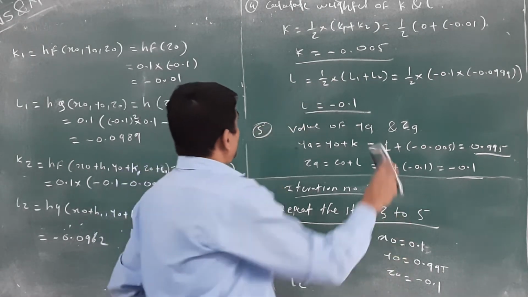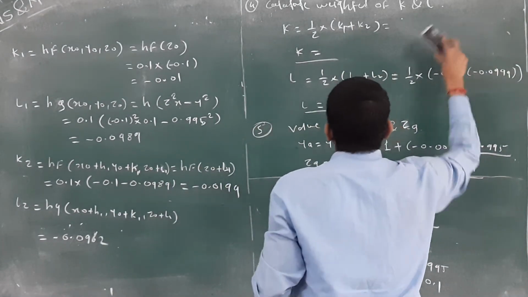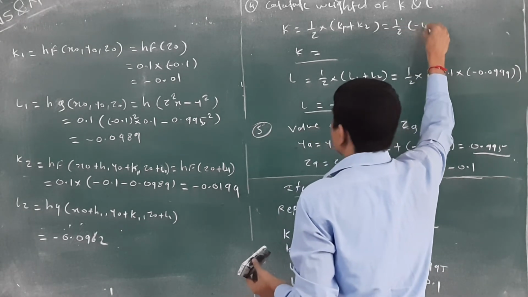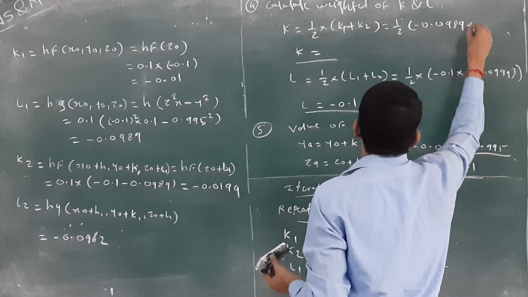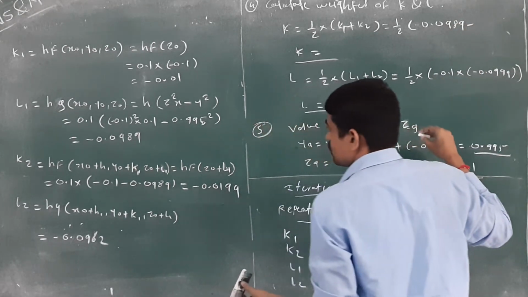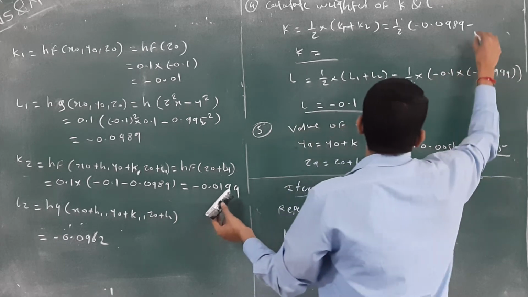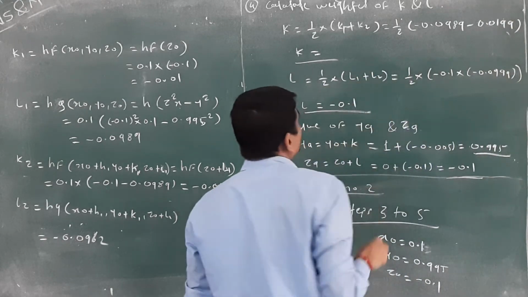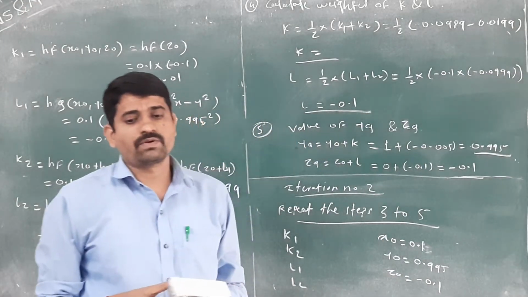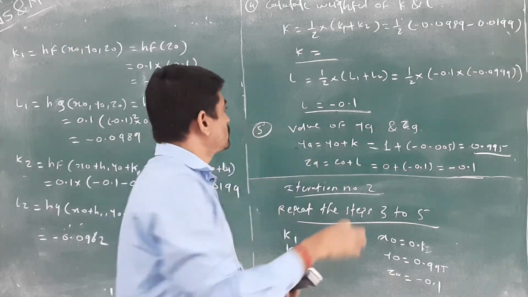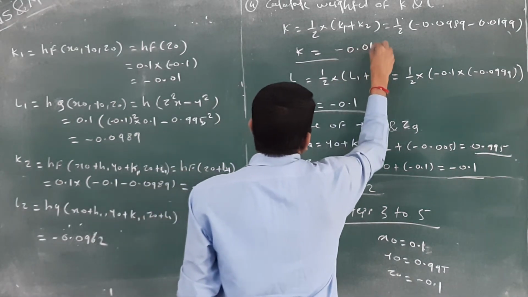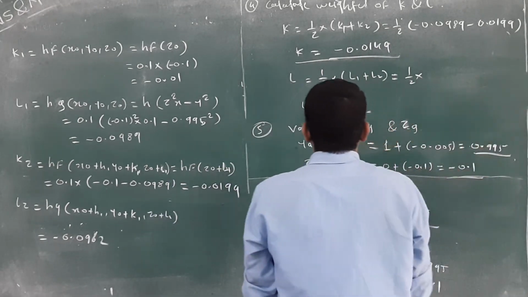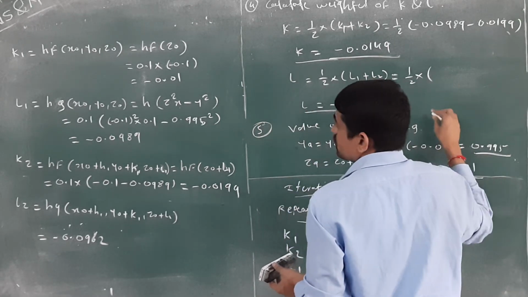And I will write directly that values: K1 plus K2, half into, what is the value of K1? Minus 0.0989, and what is the value of K2? Minus 0.0199. Okay, when you calculate that K, then you will get that K is equal to minus 0.0149. Okay, this value. And what is the L1 plus L2? Yes, anybody tell me? What is the L1 value?